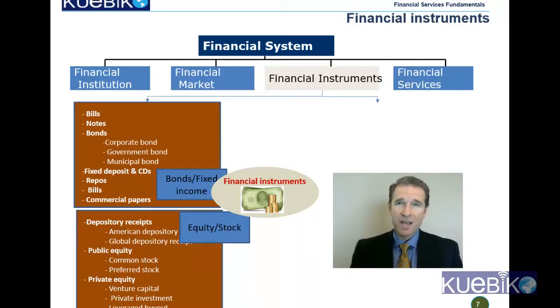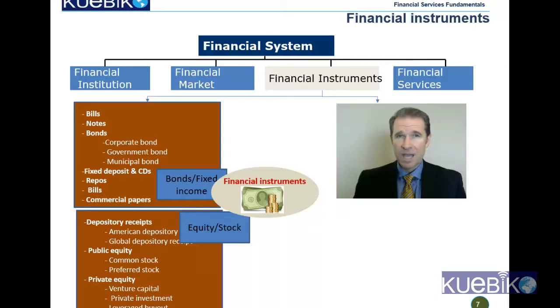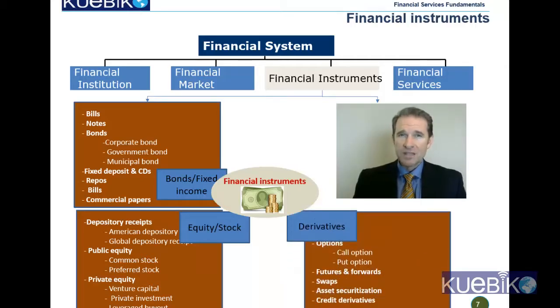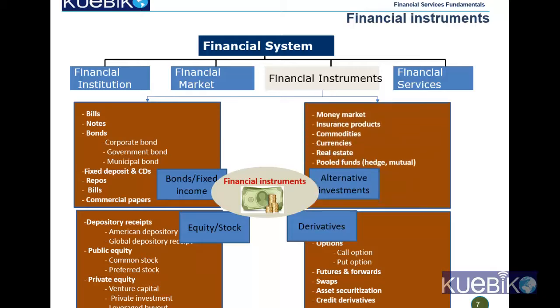There are many types of stocks, but that's a detail we will reserve for the actual course. Second, bonds. These are fixed income instruments because they yield a predictable interest per time period. Third, derivatives. These are complex instruments where you gamble on future value of stocks and bonds. And fourth, alternative investments, like real estate, currencies, commodities, and hedge funds.